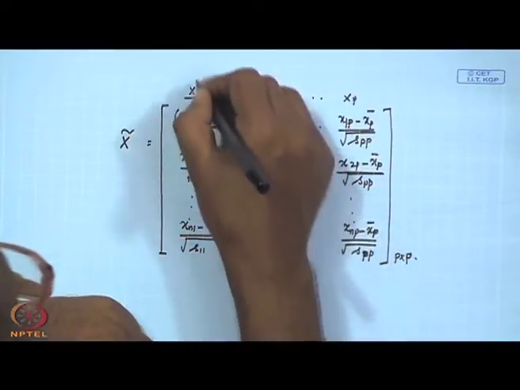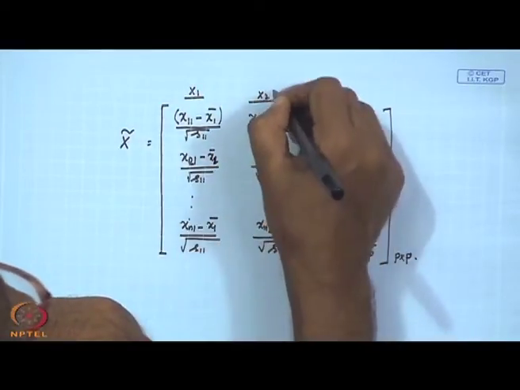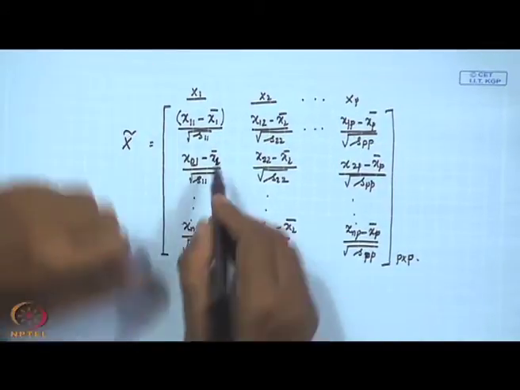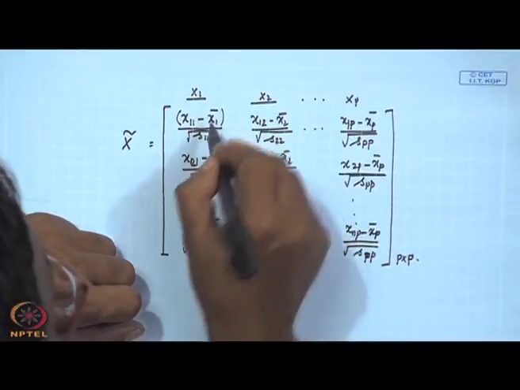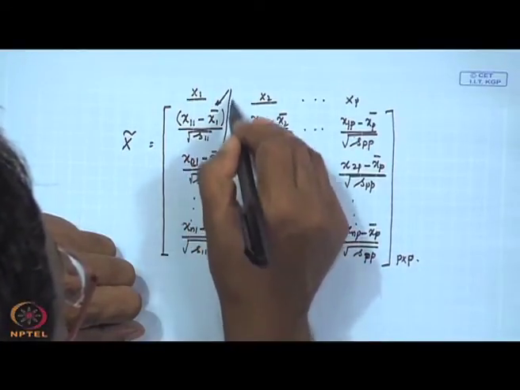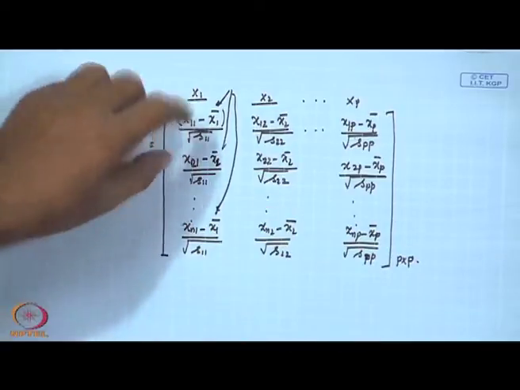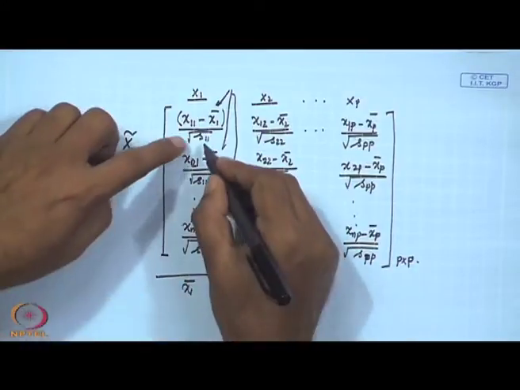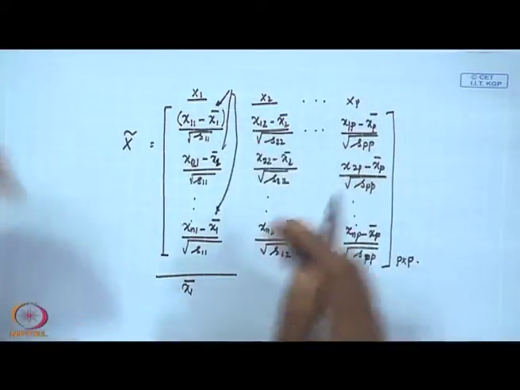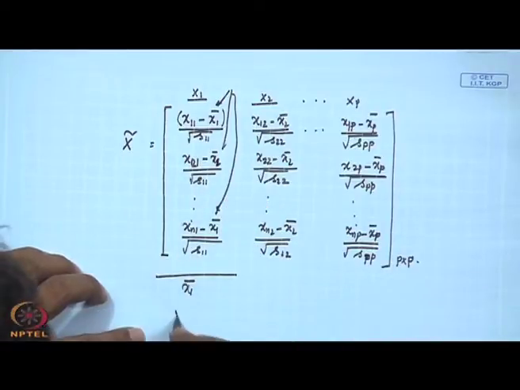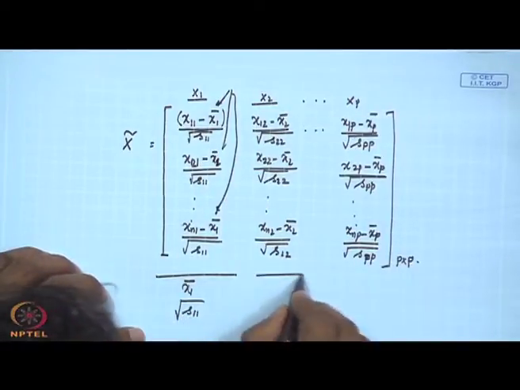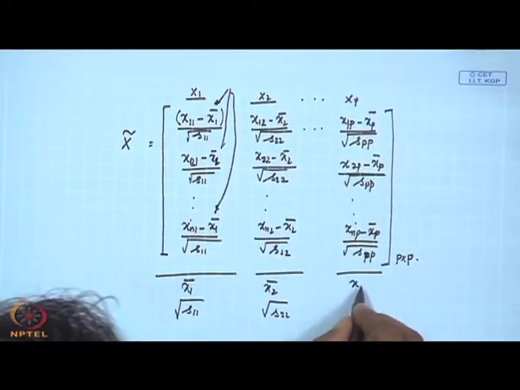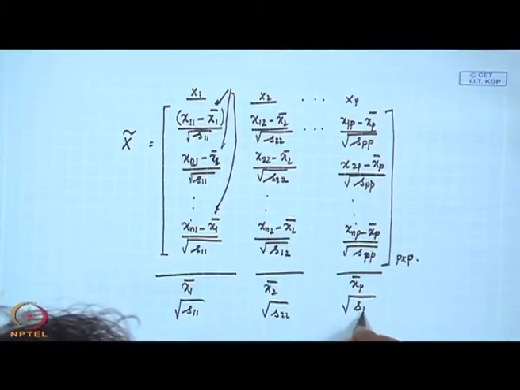When it is x 1, all will be s 11, for x 2 all will be s 22, and for p, all will be s pp. The similarity is that each observation is subtracted by the mean of the variable and the resultant quantity is divided by the square root of the corresponding s.